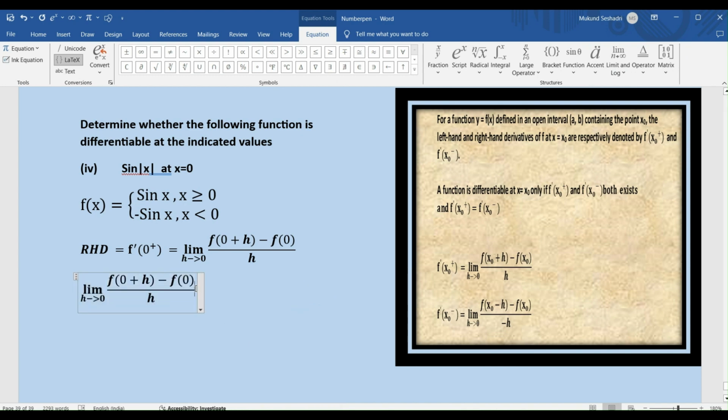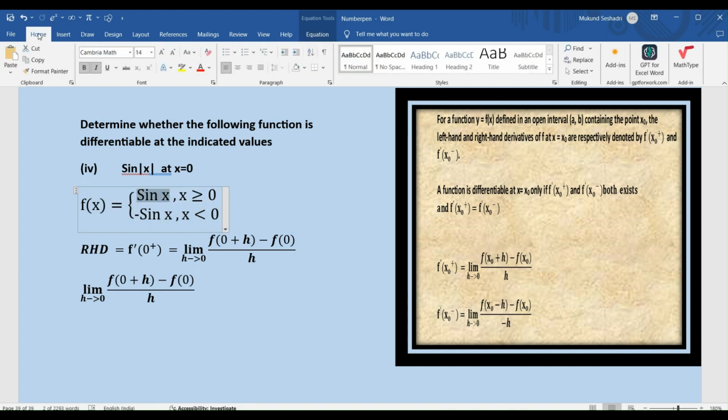My RHD is when x takes a value which is greater than 0 by an infinitesimal h, limit h tending to 0. And therefore, which equation will I pick up when I represent f of 0 plus h? I will have to pick up sine x.